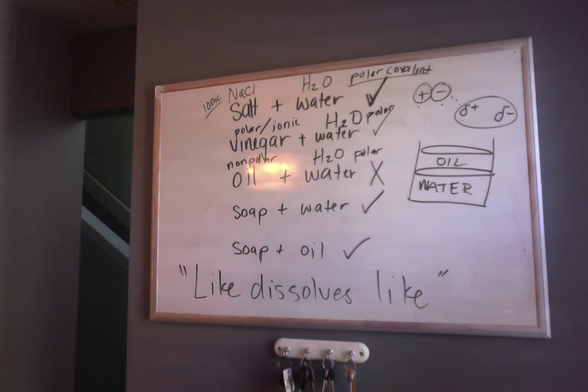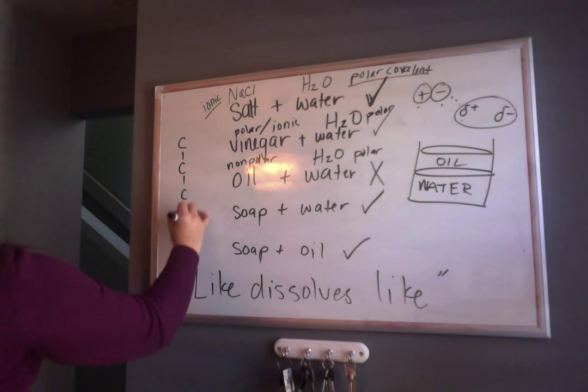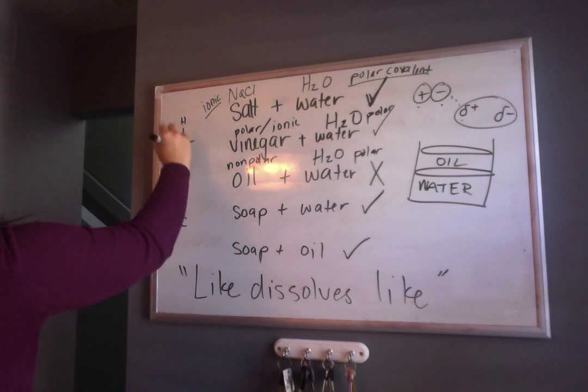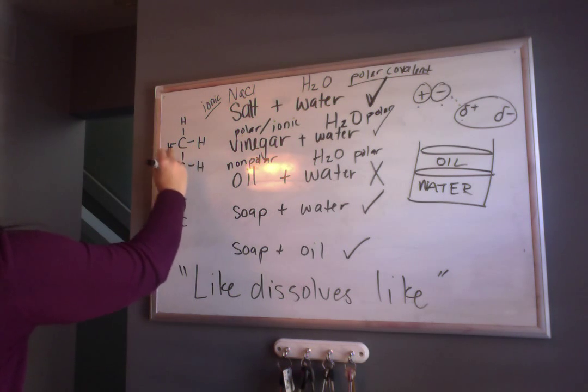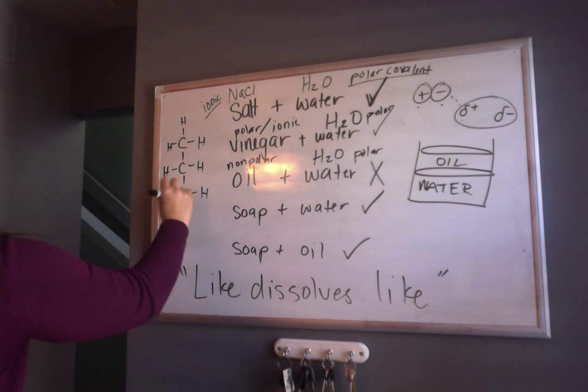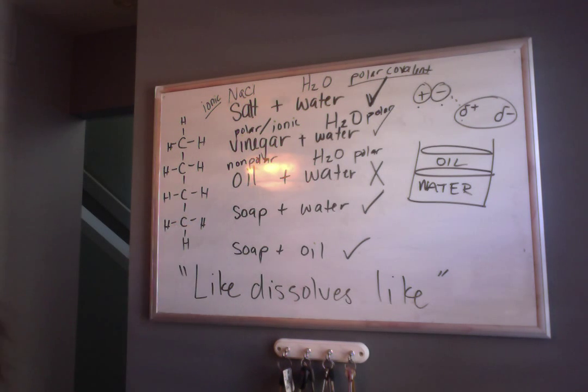Okay, so just as an FYI, oils are actually made of these long chains of hydrocarbons, where I have hydrogen attached to carbon, attached to carbon, attached to some hydrogens, etc., where I just have these long chains of carbons and hydrogens.